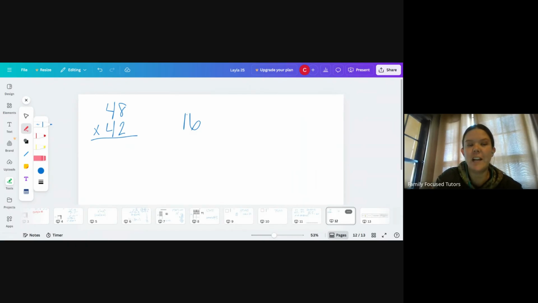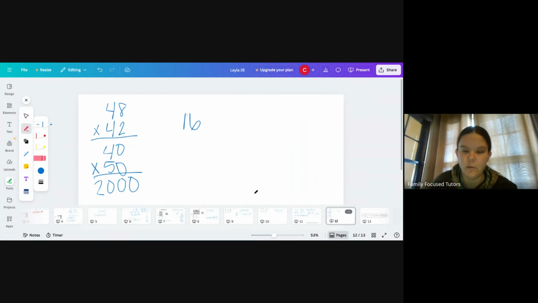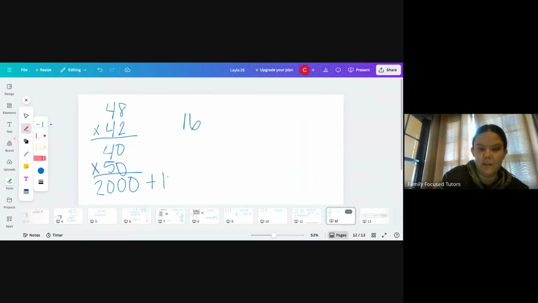But then we have to add 40 times 50, because when we're multiplying our tens place, we have to account for that extra 10 from 8 plus 2. So that's 2,000 plus our 16 from multiplying our ones together. That's 2016.